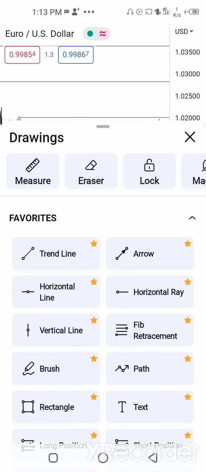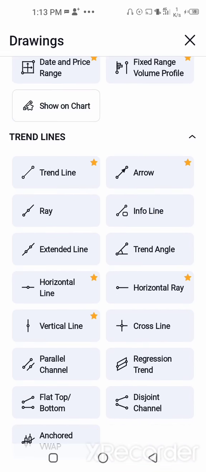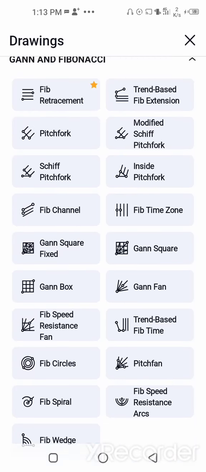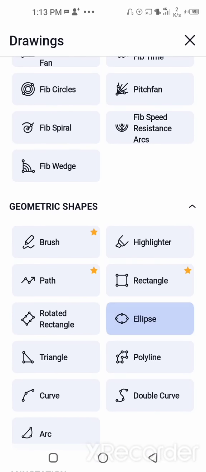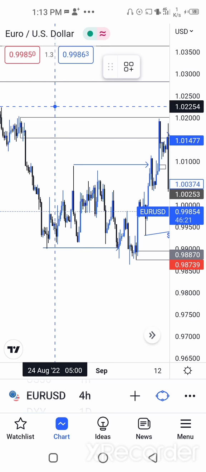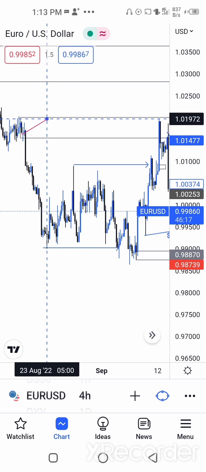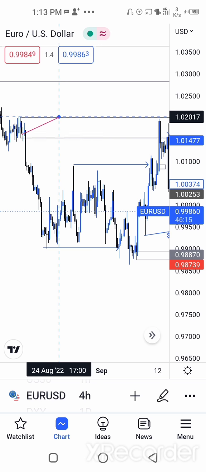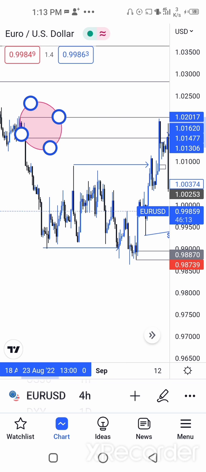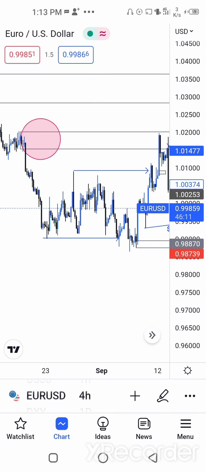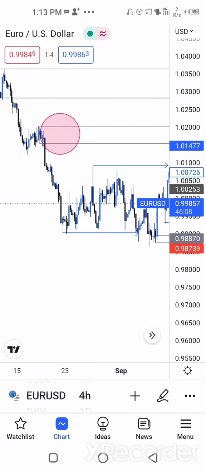Coming to supply and demand zone, if you look at places like this, just come up here. You can see places like this that are marked. They are called supply zones.